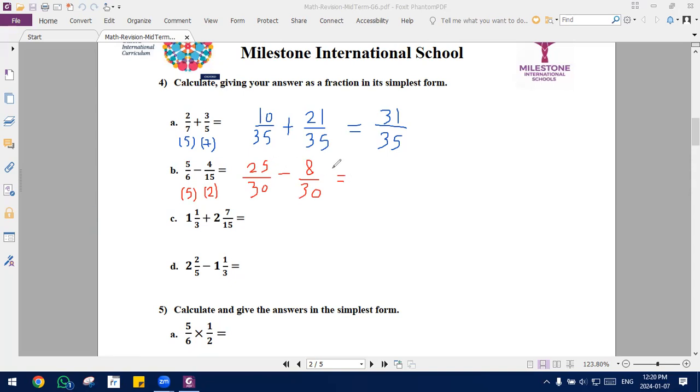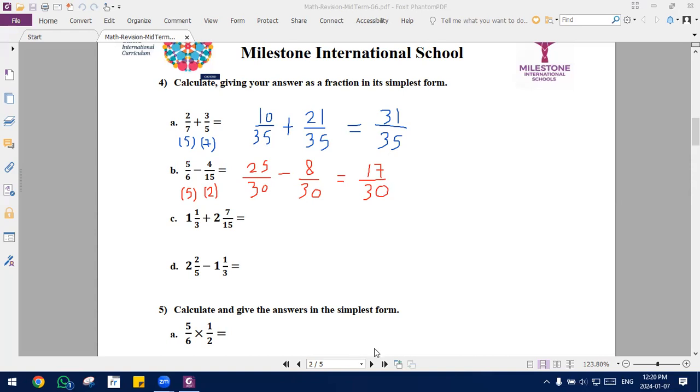So 25 minus 8, 17 over 30. Can we simplify? No, it's already simplified.